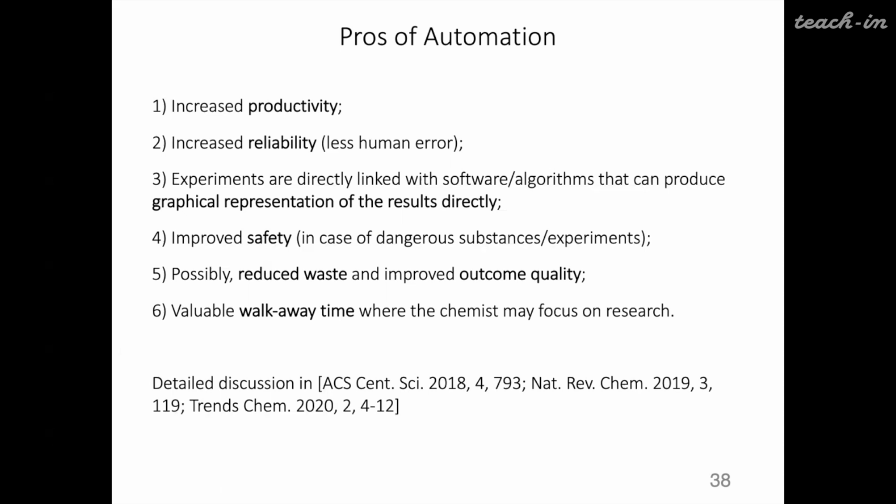Possibly we can reduce waste, at least it is said so, and improve reaction outcome quality.